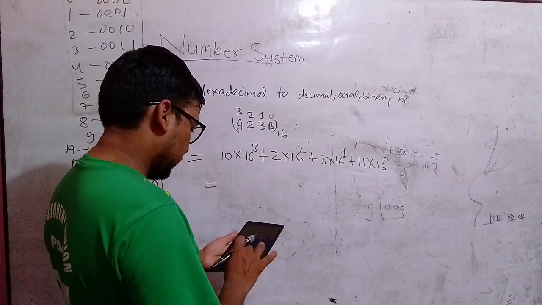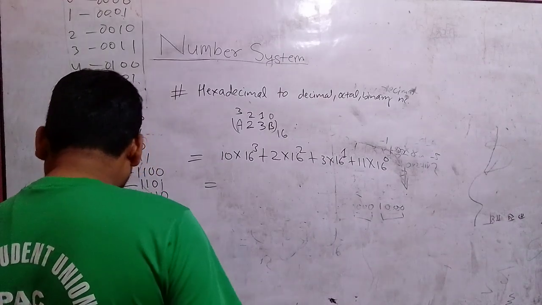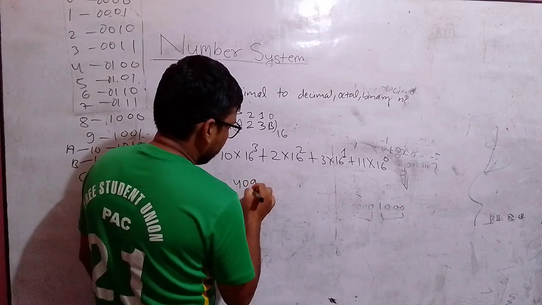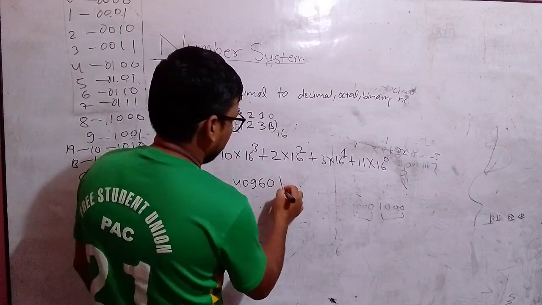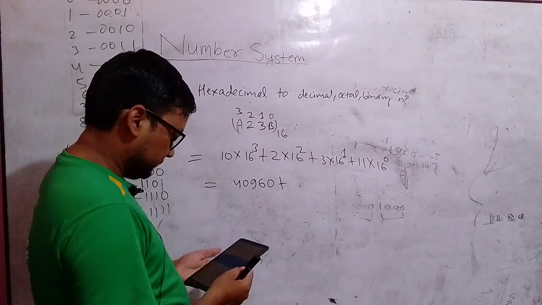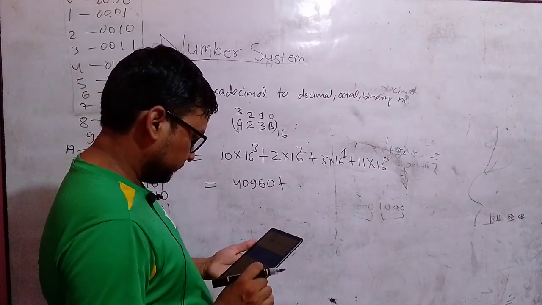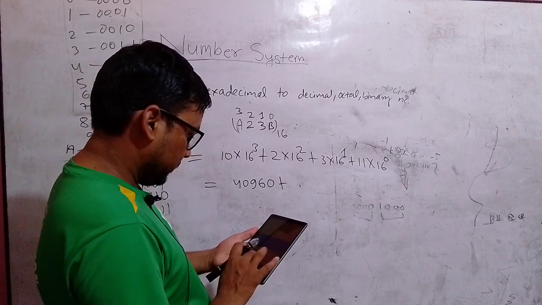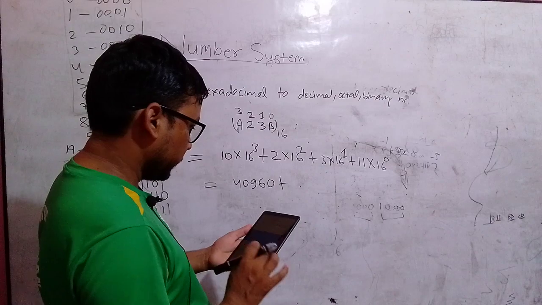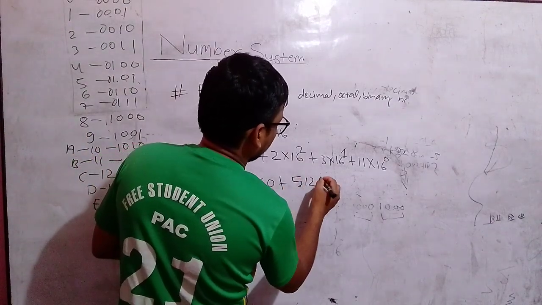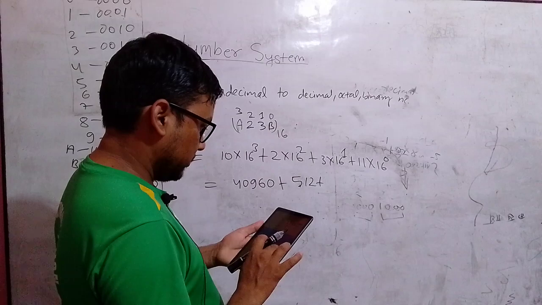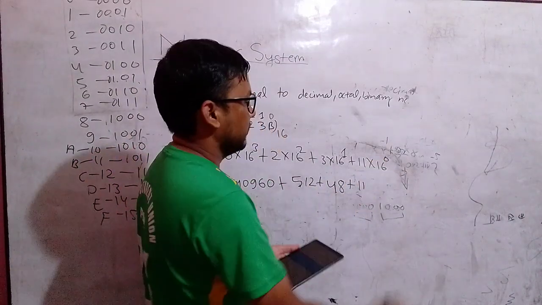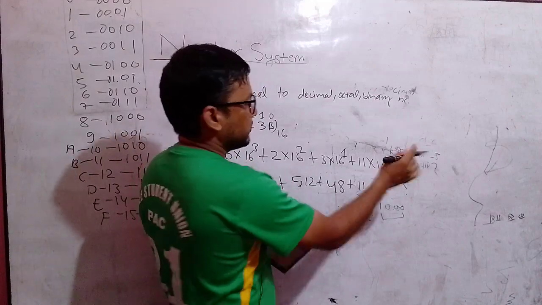Now what would be its output? 16 to the power 3 is 4096, and 10 into 4096 gives 40960, plus 16 into 16 into 2, which is 512, plus 16 into 3, which is 48, plus 11. Why 11? Because 16 to the power 0 gives 1.